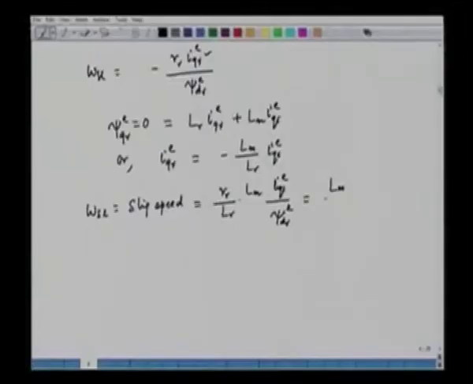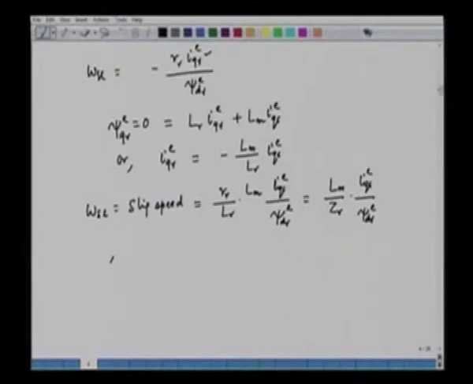So we can say in this case it is LM by tau R into IQS by psi dr. So the slip speed expression will be useful when we control the induction motor with vector control.